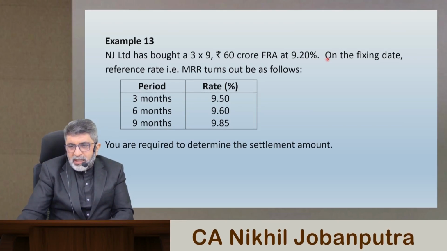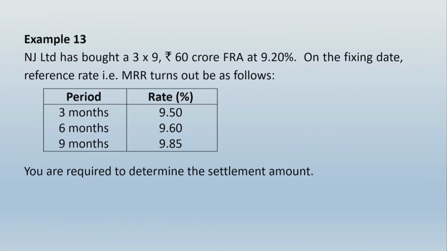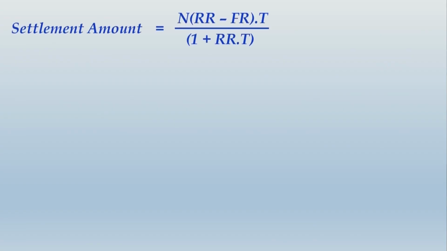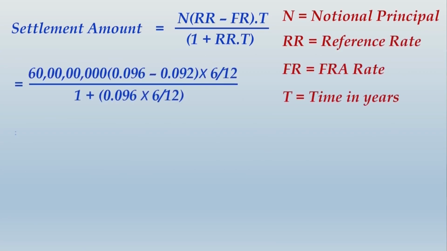So let's look into how to present the solution over here. In your solution, you just write up that formula for settlement amount and define the variables, substitute the values. I've already explained to you this whole thing.